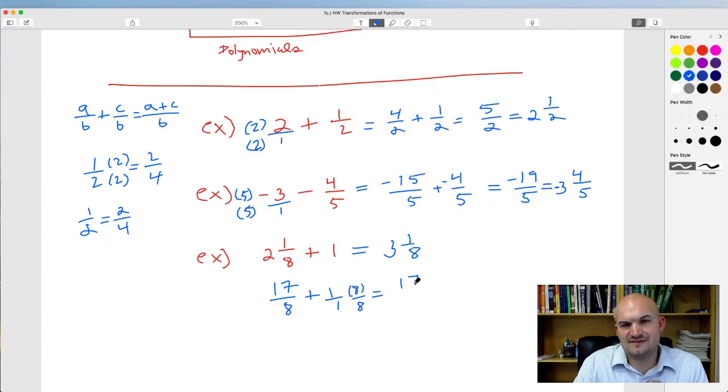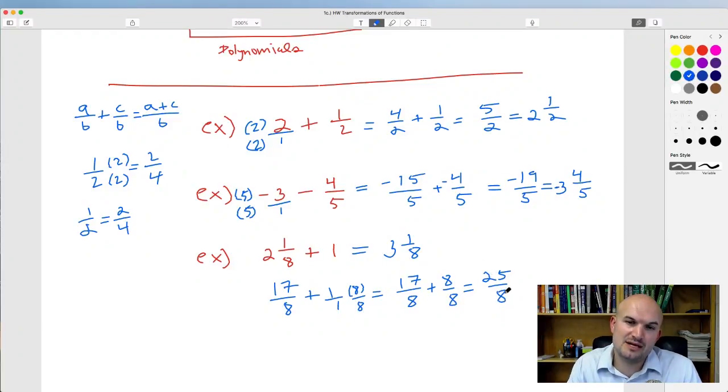So therefore I have 17 over 8 plus 8 over 8, which equals 25 over 8. And if I wanted to convert this to a mixed number, 8 goes into 25 3 times with a remainder of 1. So therefore that's 3 1/8. And there you go. All right.